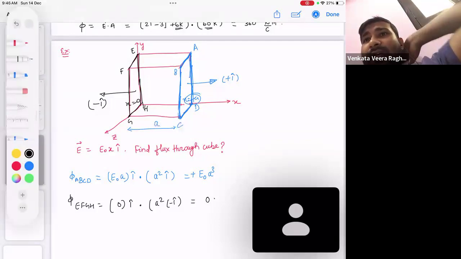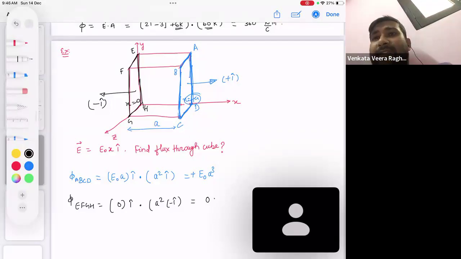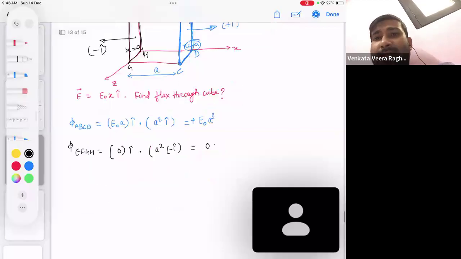If I talk about the ABFE face, the electric field is i cap and the area vector is plus j cap. The dot product will become 0. So we don't need to calculate the other four faces. So the net flux is E naught a cube only.